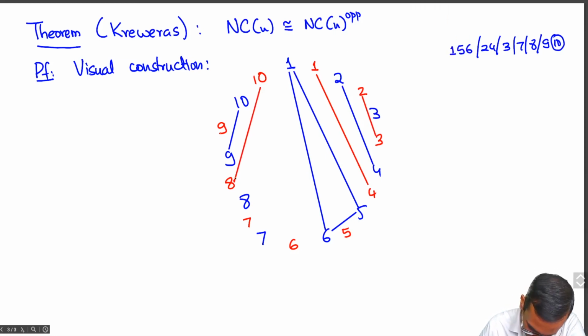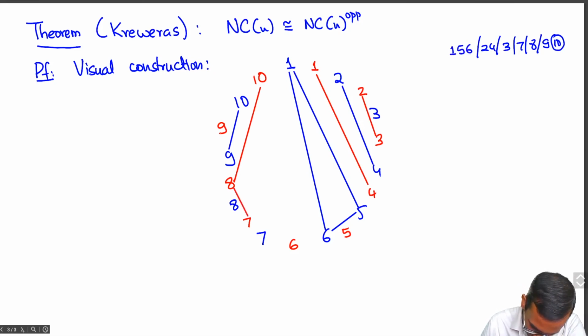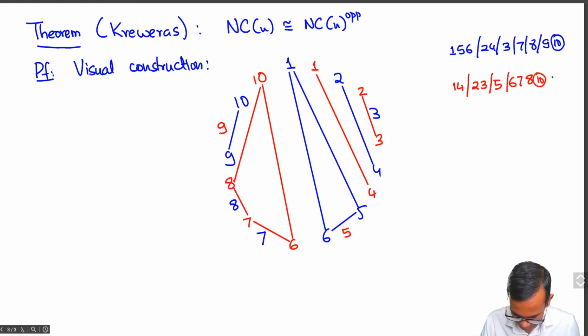6. So if I had drawn this properly, this 8 would be a little outside this, and I would have a clear path from 8 to 7, 7 to 6, 10 to 6. So what I get is the new set partition has a block 1, 4, 2, 3, 5 is in a block all by itself, then 6, 7, 8, 10, and 9.